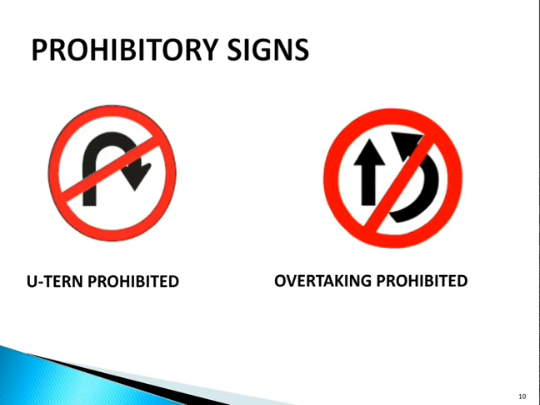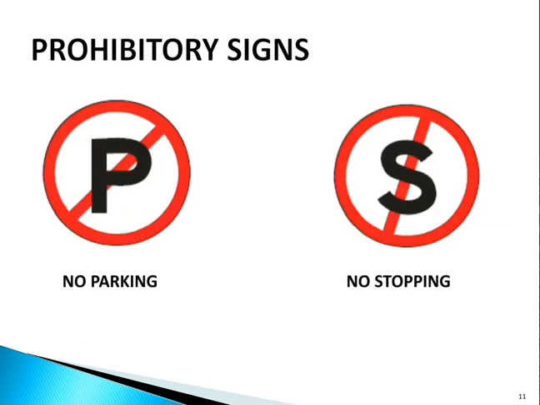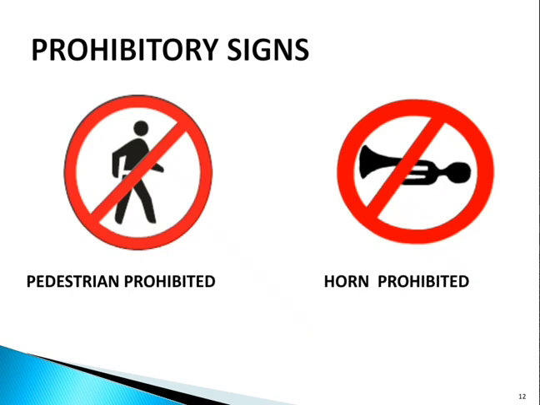Next one is U-turn prohibited and overtaking prohibited. Next is no parking and no stopping. Next is pedestrian prohibited and horn prohibited.